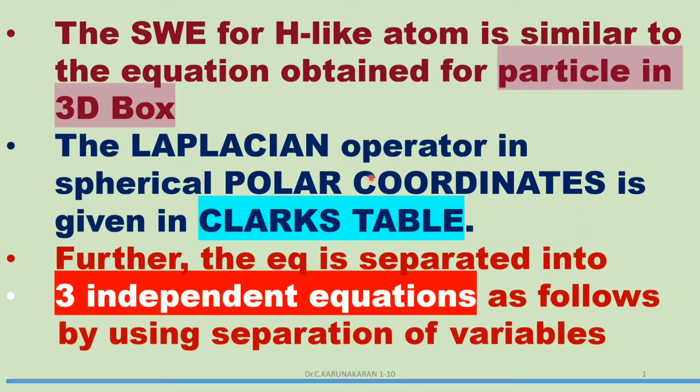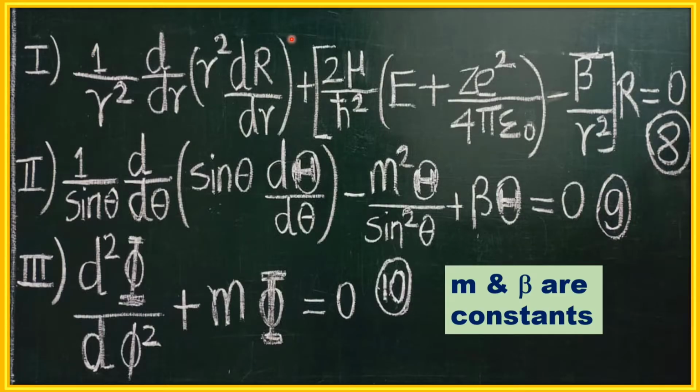Further, the Schrodinger wave equation in spherical polar coordinates can be readily separated into three independent equations, as follows. We have shown this already by using separation of variables. These are the three independent equations obtained from the Schrodinger wave equation.